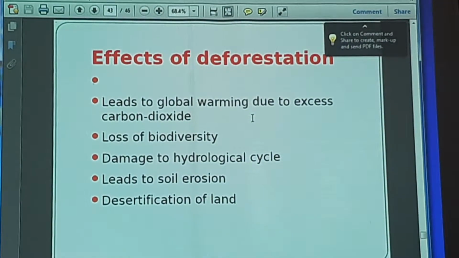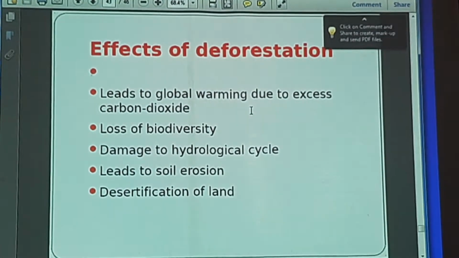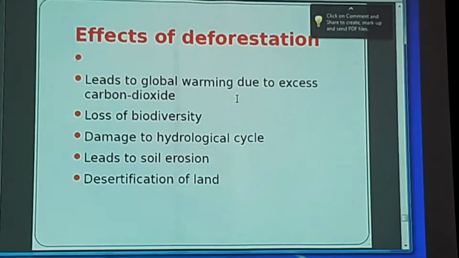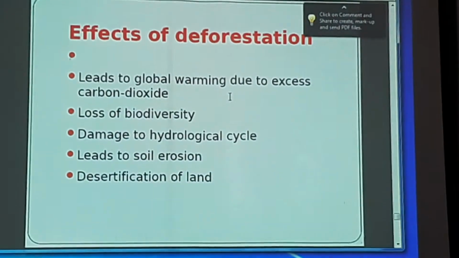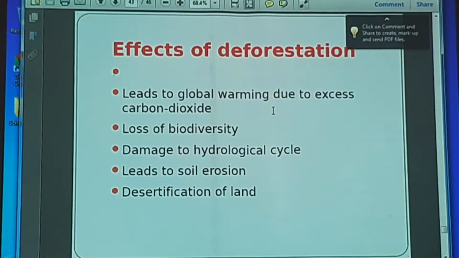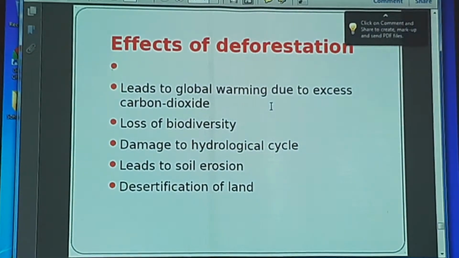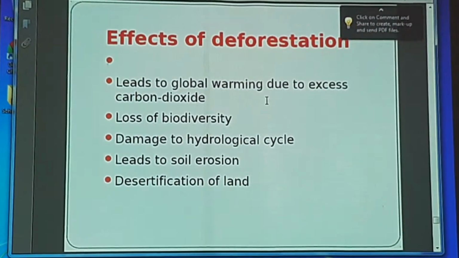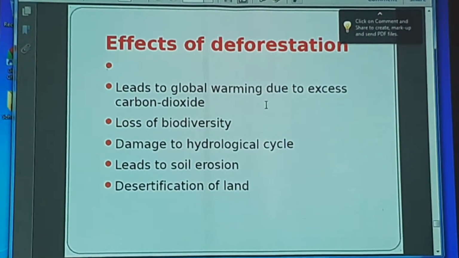Loss of biodiversity, damage to the hydrological cycle, soil erosion, and desertification of land. Where there was a forest, it progressively becomes a desert if deforestation continues.